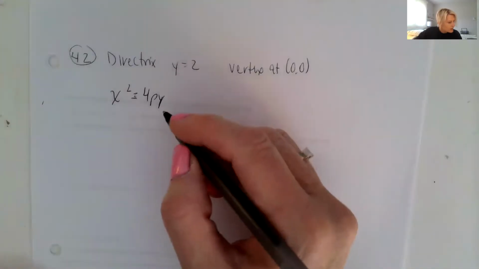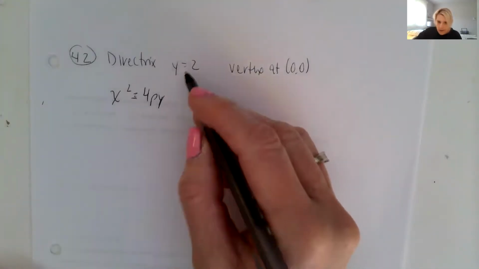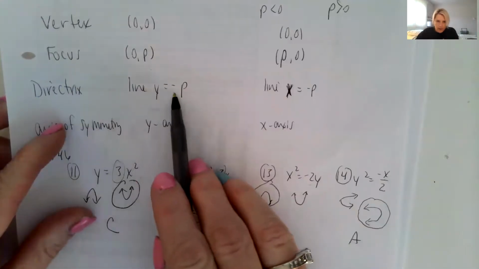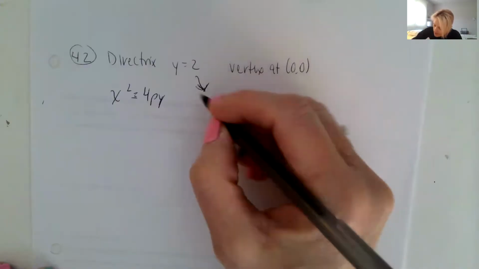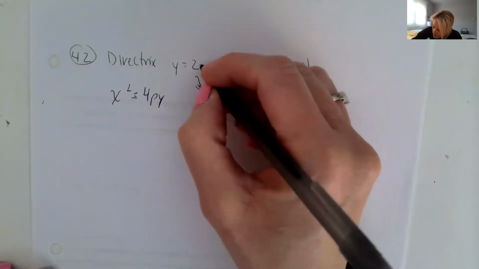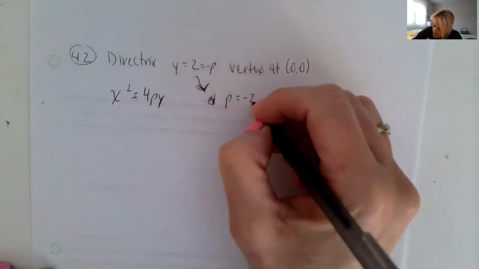So because y equals 2, we know that the directrix says that y equals negative p. So that means that p equals negative 2.